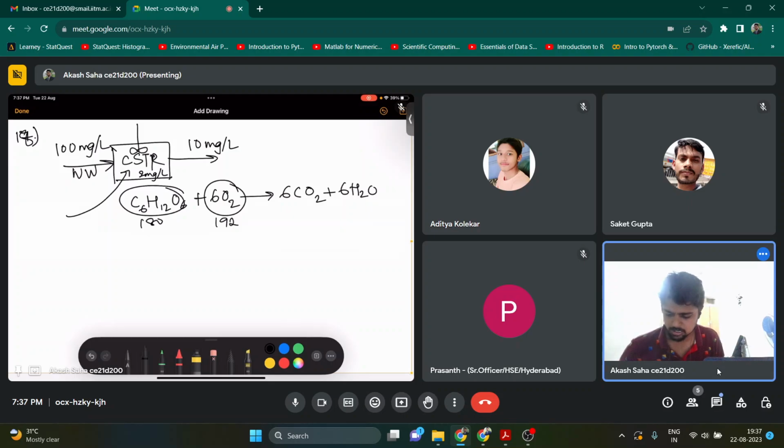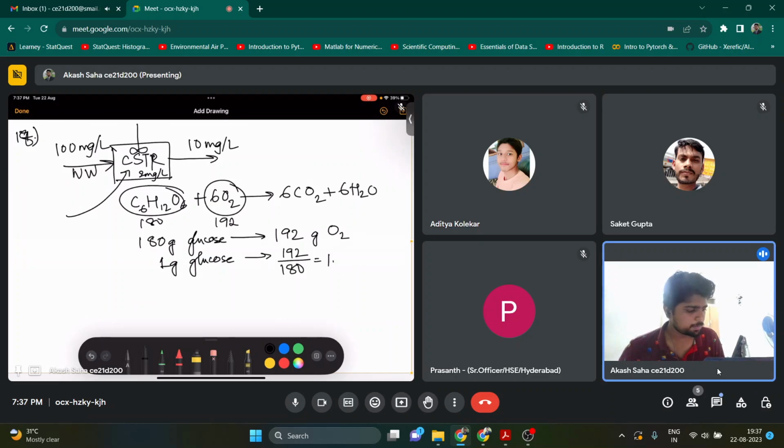So it means that for 180 gram of glucose, we need 192 gram of O2, or we can say for 1 gram of glucose we will need 192 divided by 180, which is equal to 1.07 gram of O2.